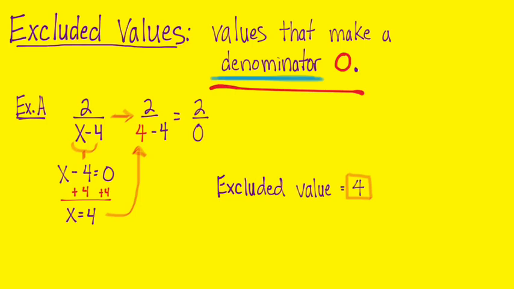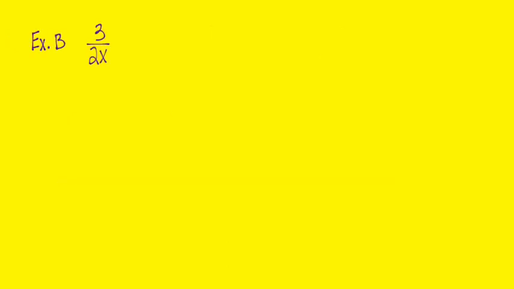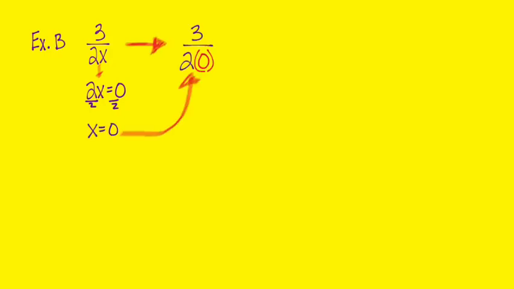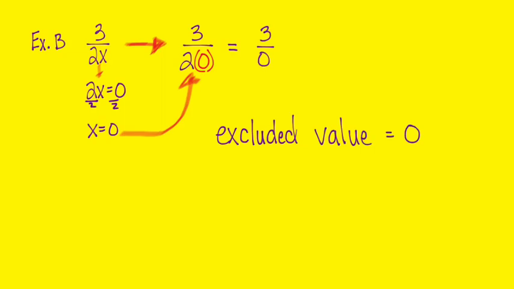We call these excluded values, okay? Only in the denominator. So in this, it obviously would just be 0. So you set whatever the denominator is to equal 0 and then solve for whatever the possibilities are. So we know in example B, the only value that x cannot be is 0, right? The excluded value is 0.